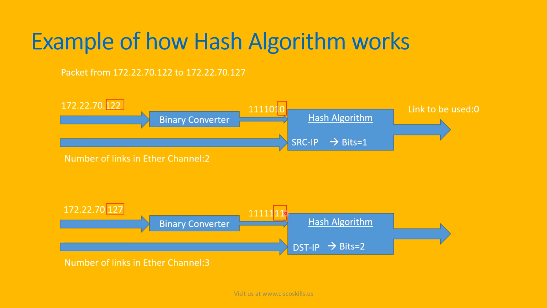We convert it into link index 3, but in this case we have 3 links in our EtherChannel, index from 0 to 2, so link number 0 will be used. You can go back to the table in the previous slide to compare it.